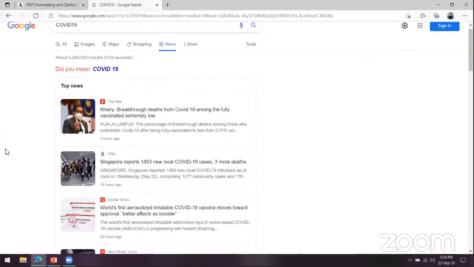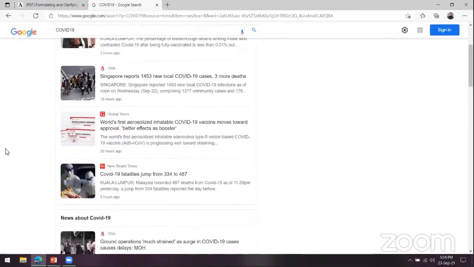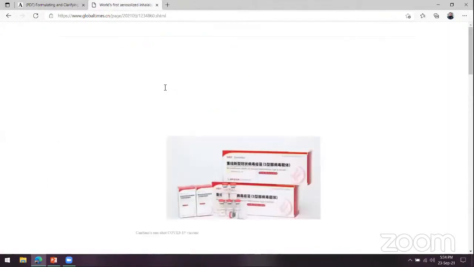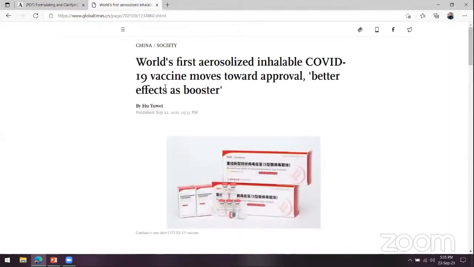Okay, so I found out that this will be the next. You see, the world's first aerosolized inhalable COVID vaccine. Wow. Moves towards approval, better effect as booster. So it means that in the future, people are not going to have any kind of injection. Instead, you can inhale it.